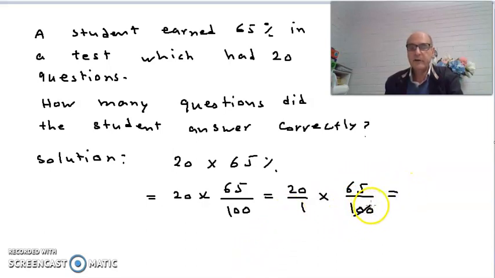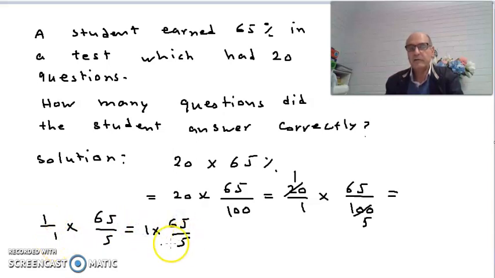Now I can simplify this and this because I can divide both of them by 20. So that becomes 1, that becomes 5. So I get 1 over 1 times 65 over 5. And 1 over 1 is just 1. Anything times 1 is just itself. So you get 65 over 5.